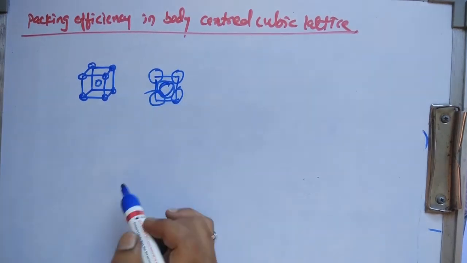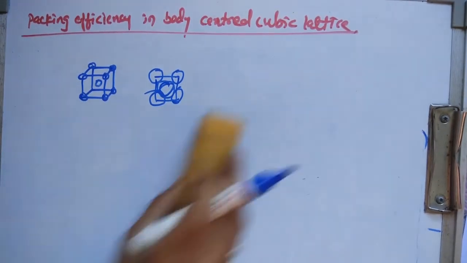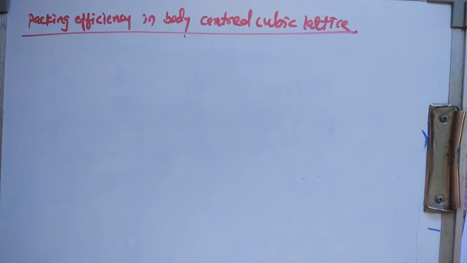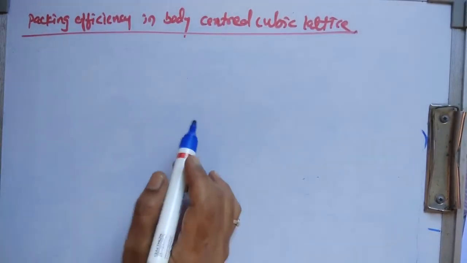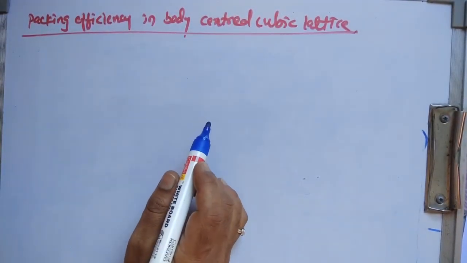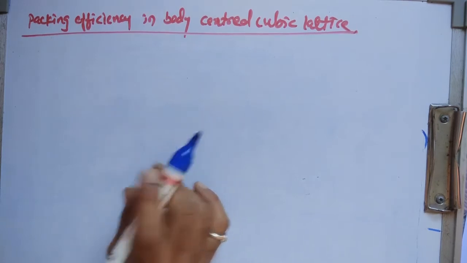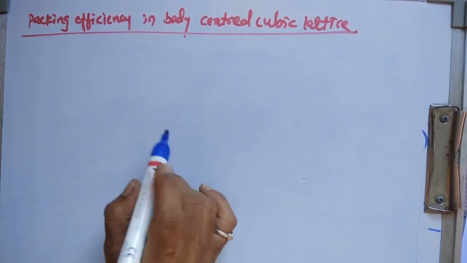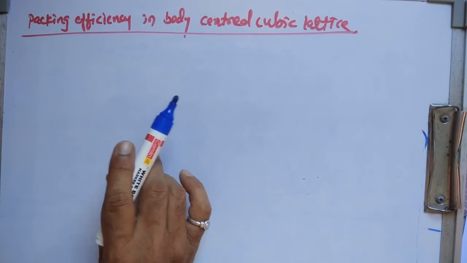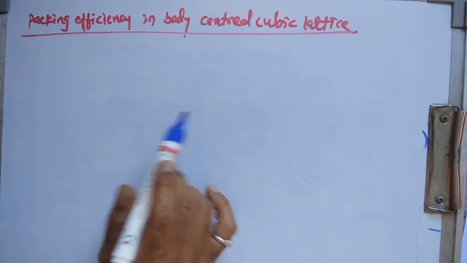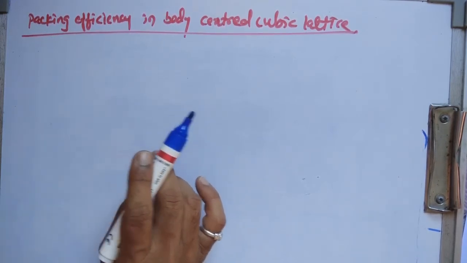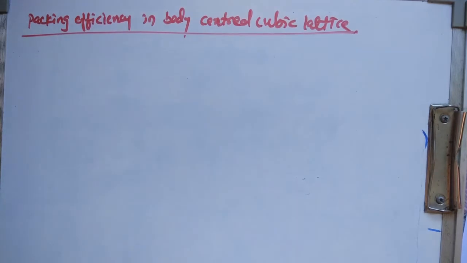At the center of the cell there is one atom. That means the total number of atoms present in the body centered cubic lattice or body centered cubic cell is 2 atoms. That means one atom from the 8 corners and 1 atom at the center. So 2 atoms are present.